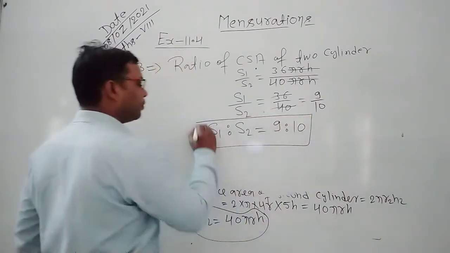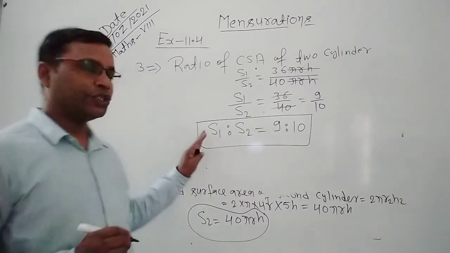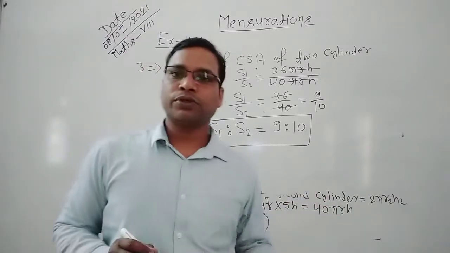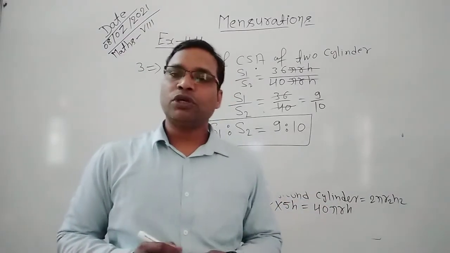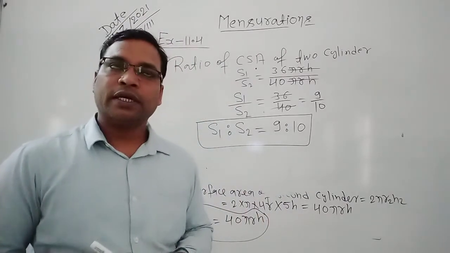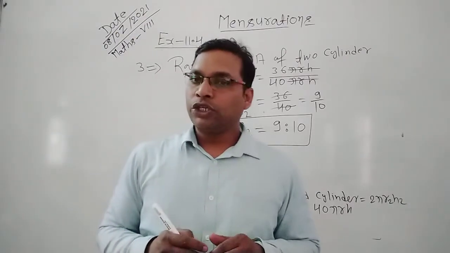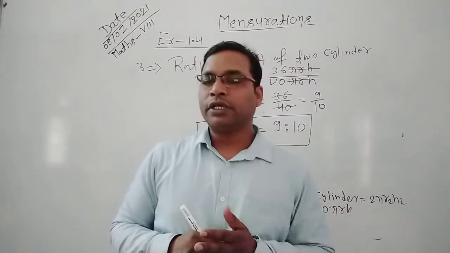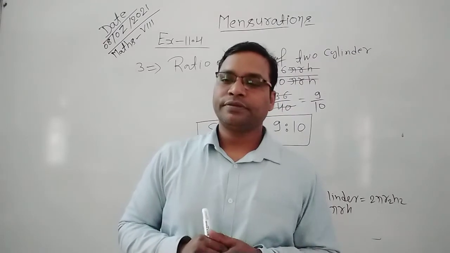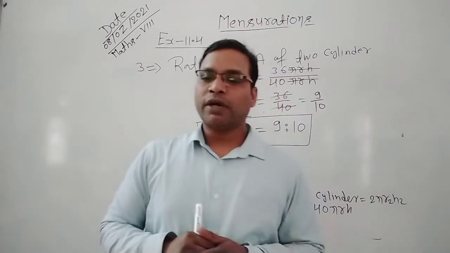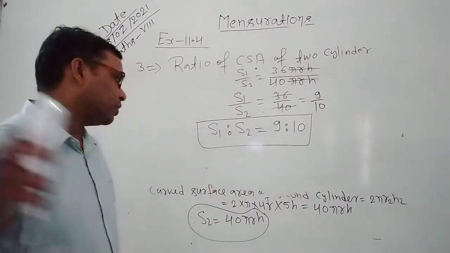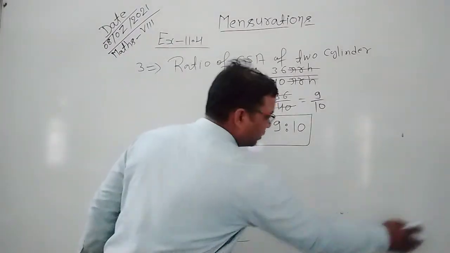We needed to find this ratio for the two cylinders. In this question, it is given that the ratio of radii of the cylinders is 3:4, and the ratio of their heights is 6:5. The question asked us to find the ratio of their curved surface areas.